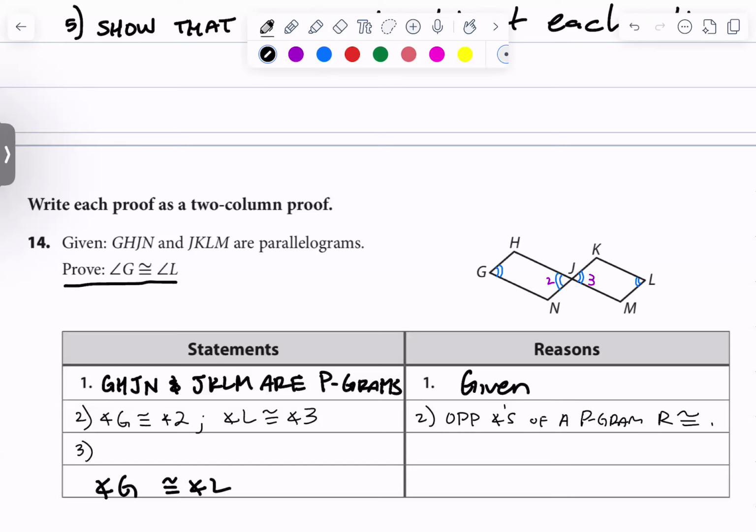Yeah. And then step 3, angle 2 is congruent to angle 3 because they're vertical angles, and vertical angles are congruent. And this would be your step 4. And this would be through transitive property.